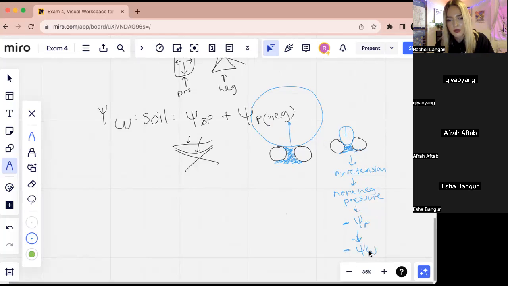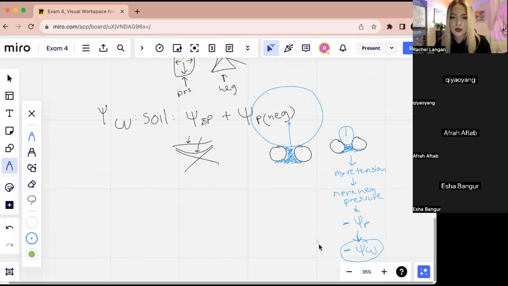So what does that mean for water movement from the soil? Well, if you make the soil water potential super low, and water likes to move from high to low, it's not going to want to leave the soil as much.